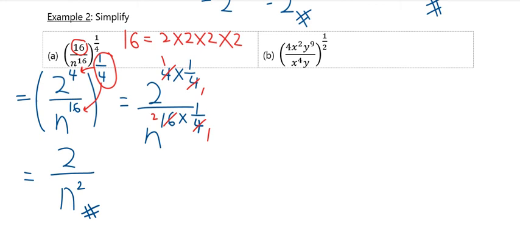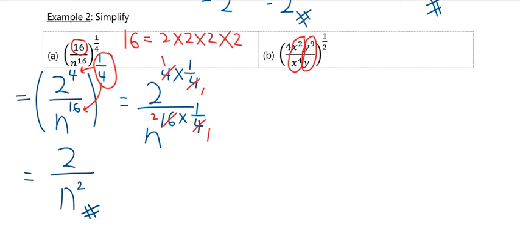Now let's proceed to part B. Here it looks quite intimidating, but don't be afraid. When you have a look, you simplify everything that is related to fraction. Now here, x power 2 divided by x power 4, y power 9 divided by y, they are of the same base, and you apply division.